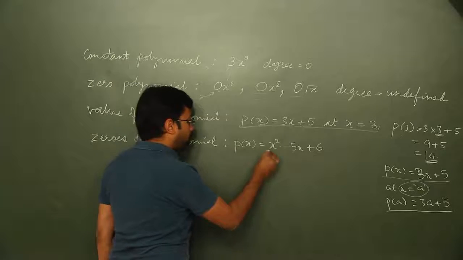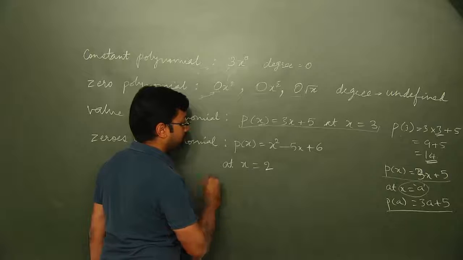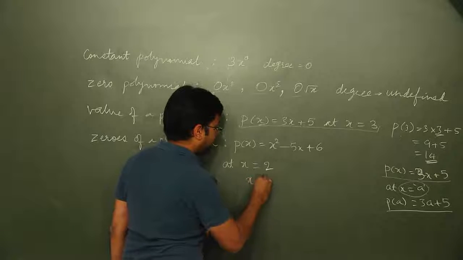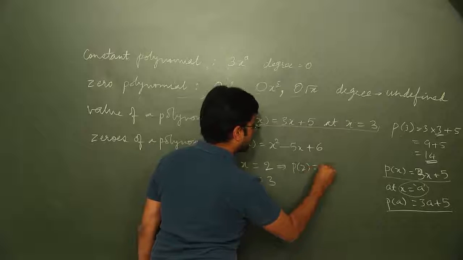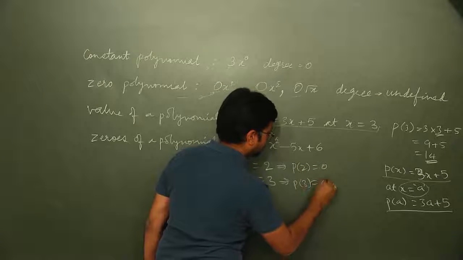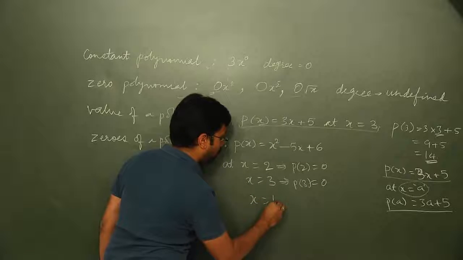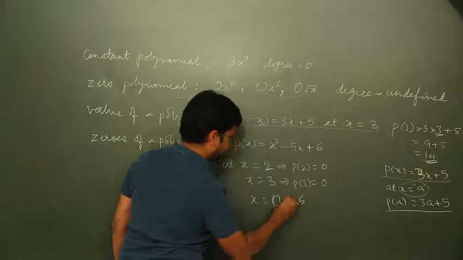Now at x equal to 2 and x equal to 3, p2 will become 0 and p3 will also become 0. At x equal to 0, what is its value? It will become 6.